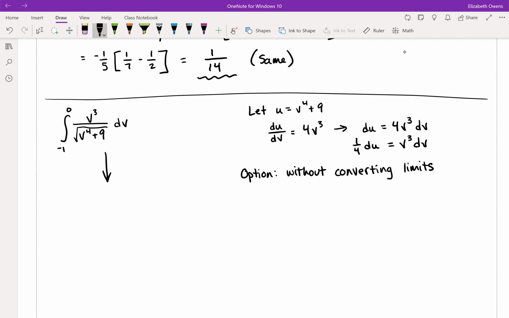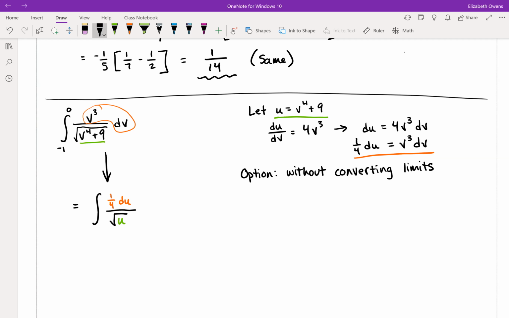All right. And so if you want to do it this way, you can substitute your u in the same way, and v cubed dv is still going to get replaced with 1/4 du. And then we've got our square root of u down there.